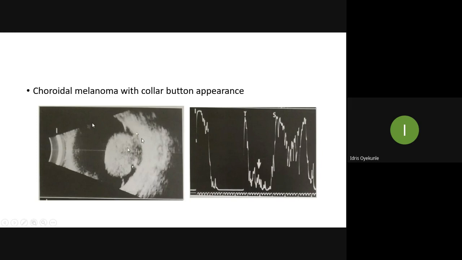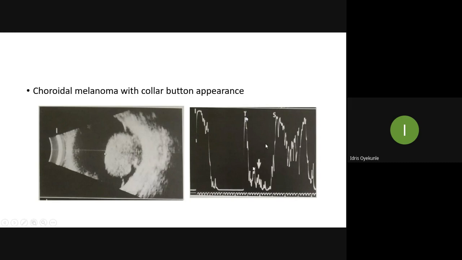Now, looking at the A scan, because it's best to examine both the B and the A scan together in patients with tumors. We can see that this is the beginning of the tumor. We can also see some area of subretinal fluid here with retinal detachment. This T here corresponds to the beginning of the tumor, which is also very reflective.